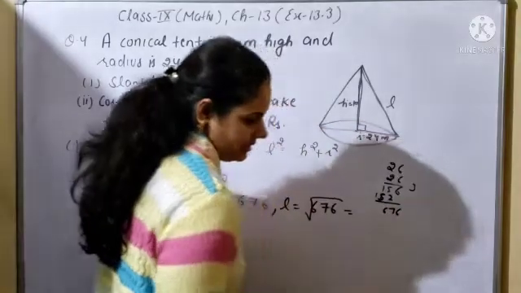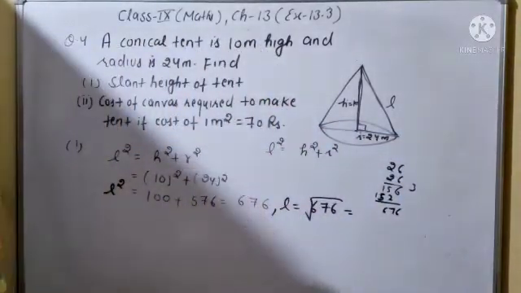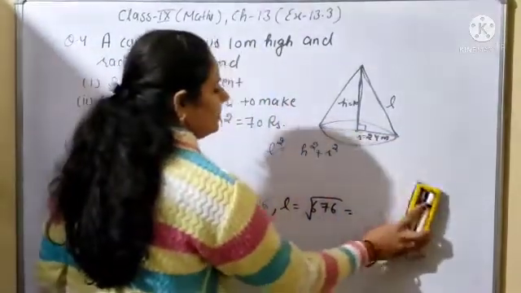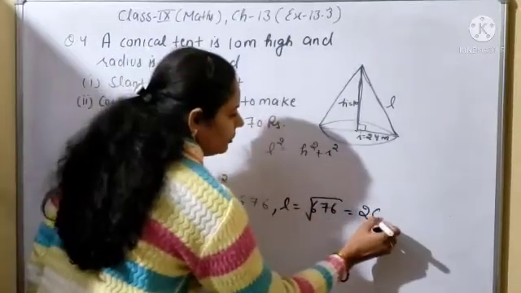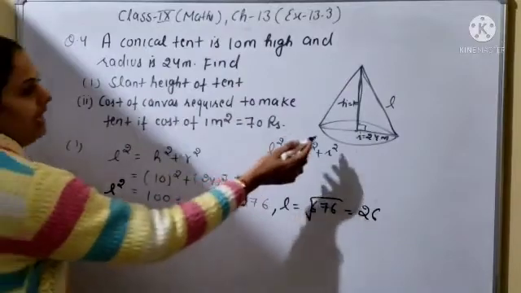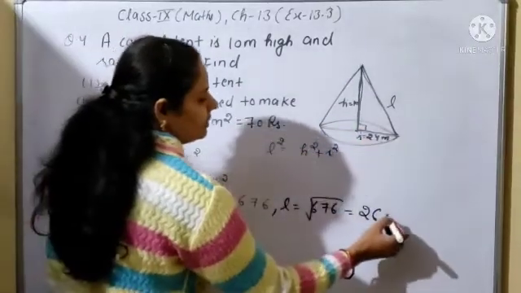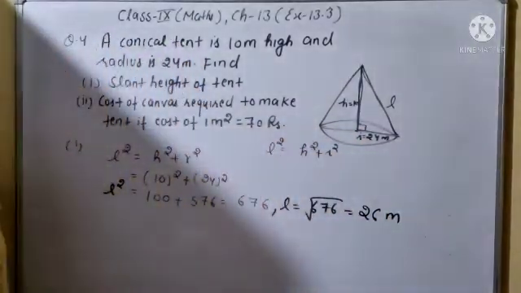Yes, 676 is the square of 26. So the square root of 676 will be 26. So 26 is the value of L, and L is the slant height. If the height and radius are given in meter, it will also be in meter. So 26 meter will be the slant height of the tent.